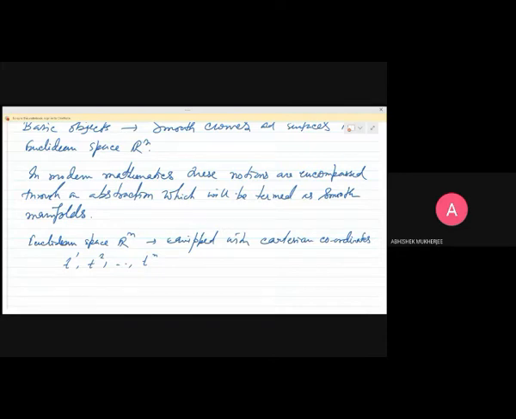Now, sometimes we tend to change the coordinate system for our convenience to deal with some problems which are needed at times and very much useful to deal with those problems.